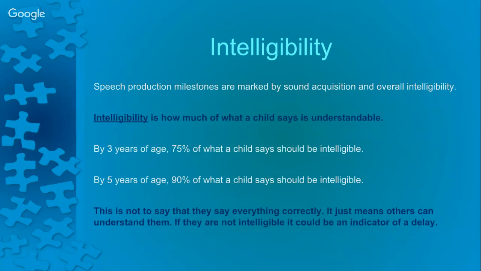So by the time they start school, I should be able to understand all that they say, or almost all. It doesn't mean they produce it like an adult. It means I can understand them. If they do not meet these intelligibility expectations or indicators, we would say that child is likely representing a delay or disorder.